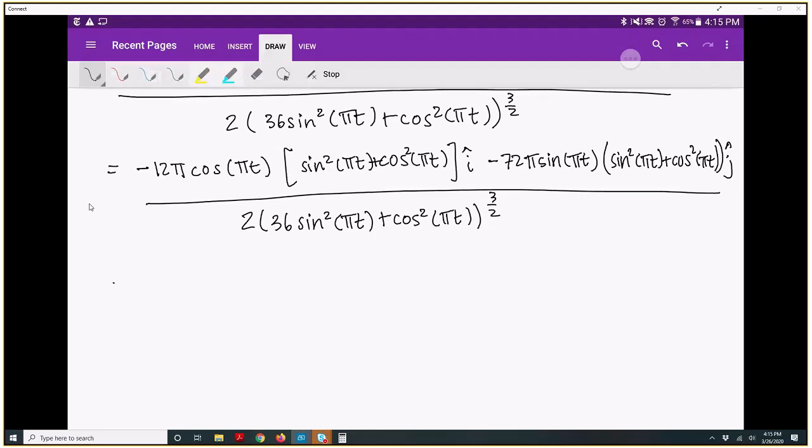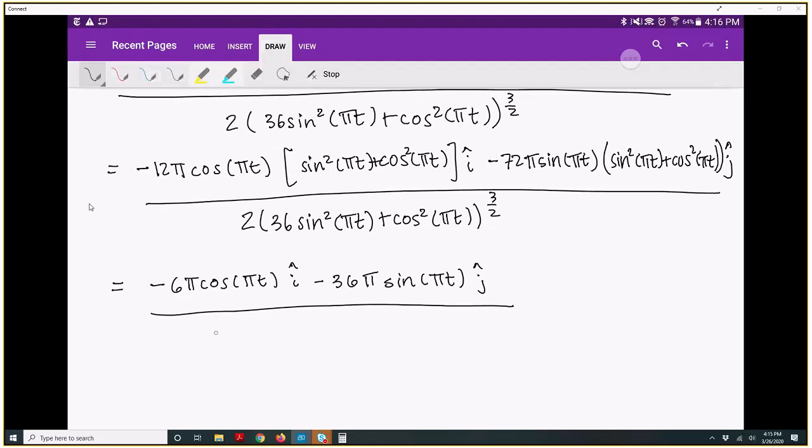And I'm going to go ahead and factor out 2, cancel it with the bottom. So let's say minus 6 pi cosine of pi t i cap minus 36 pi sine of pi t j cap.